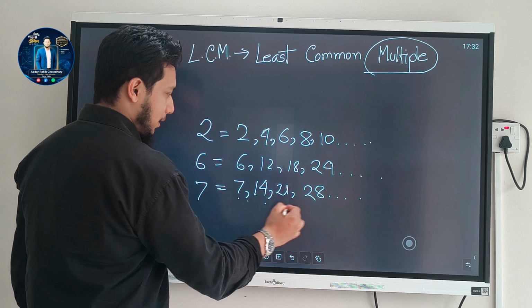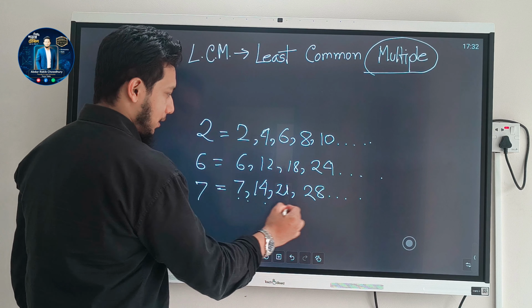It keeps going. Multiples of 4: 4, 8, 12, 16, 20, 24, 28, 32, and so on. Multiples of 8: 8 ones are 8, 8 twos are 16, 8 threes are 24, 8 fours are 32, 8 fives are 40. It keeps on going.